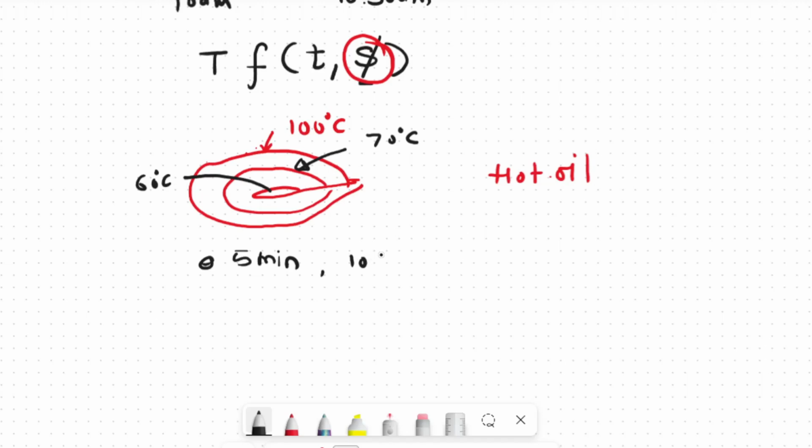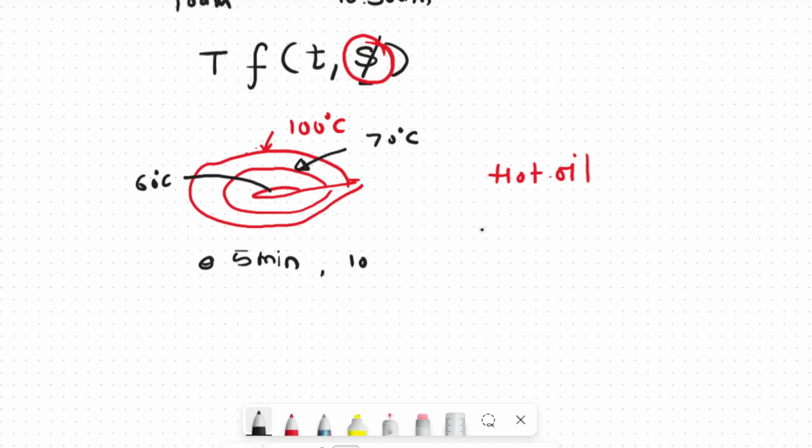After 10 minutes, the temperature at the surface may be 80 degrees Celsius, the temperature in the second layer may be 60 degrees Celsius, and the temperature at the central layer is not changing. So what I can comment from this is that the outer layer will reduce its temperature at a faster rate as compared to the inner layers. So we can say that the inner layers will be at a higher temperature.